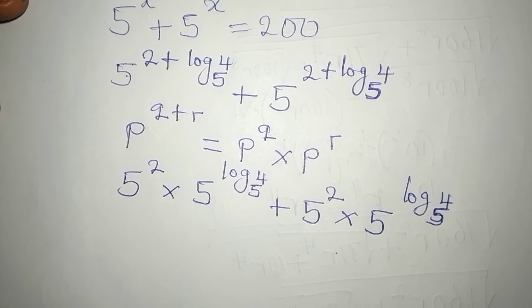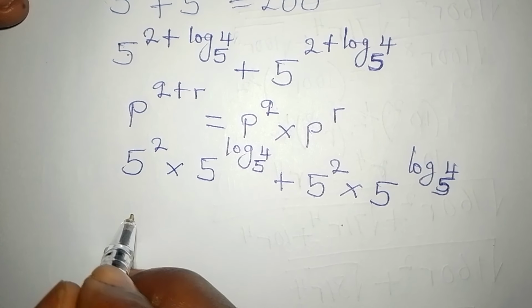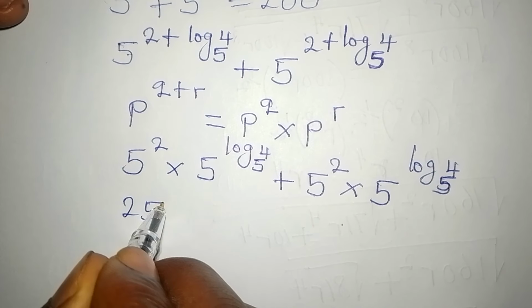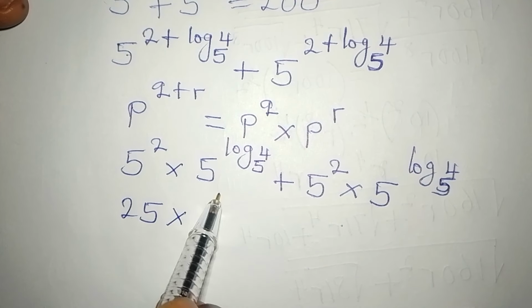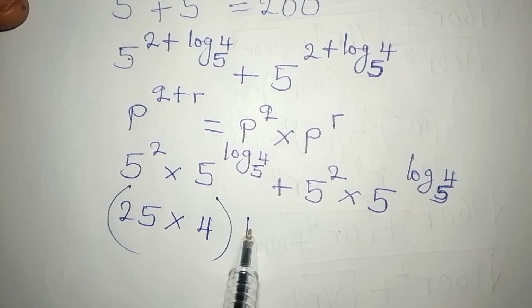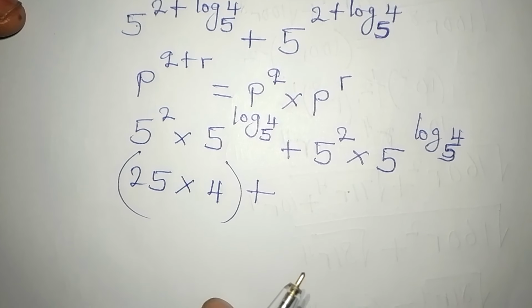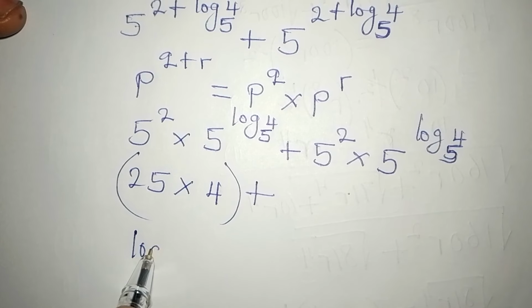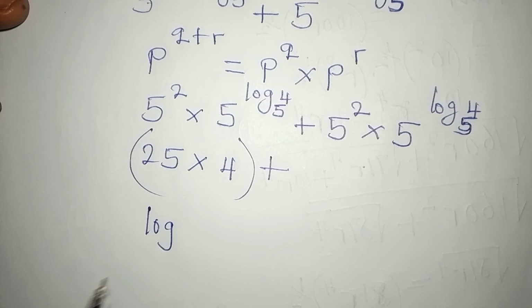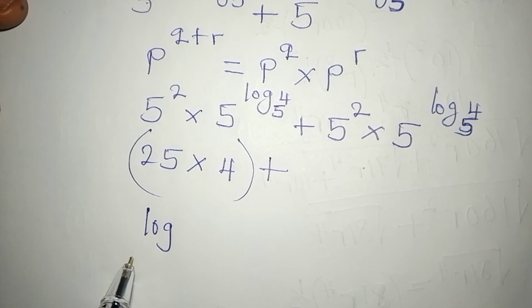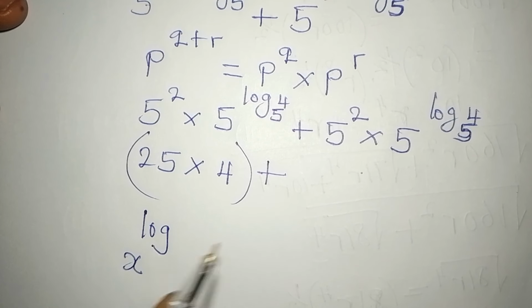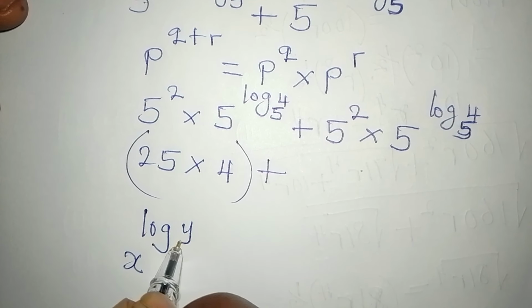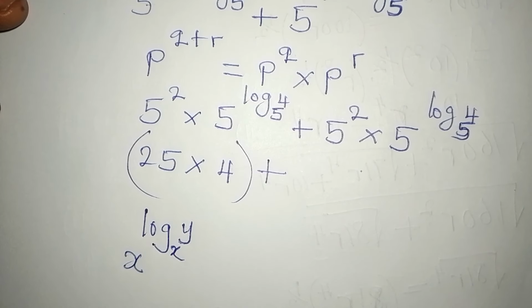And then from here, 5 squared will give 25. Everyone knows that. Then multiply by 4. How did I just get 4 here? Let me explain that under here. Remember that if you have log as a power, let's say there is x over here that has log y to base x as the power.